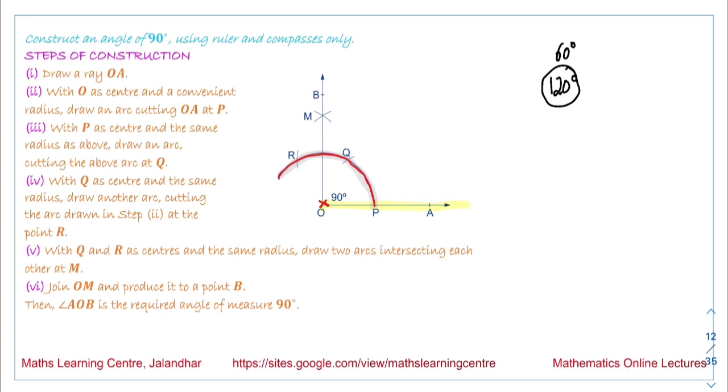Then in the next step, with the same compass, we will not change the radius of that compass.